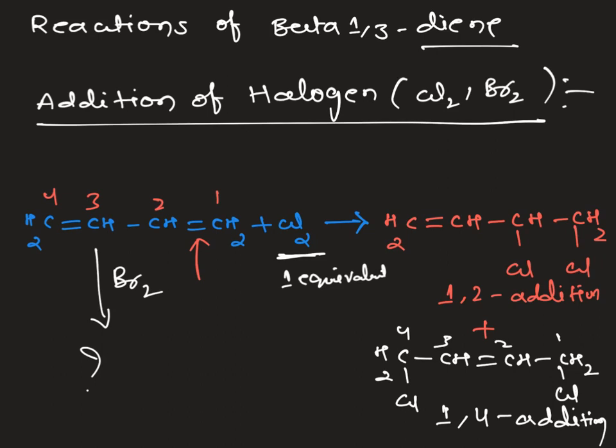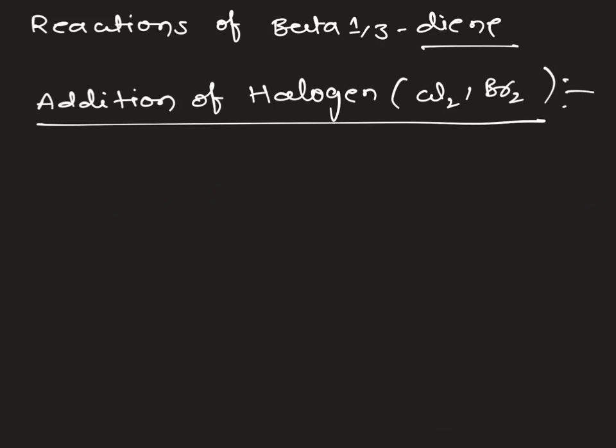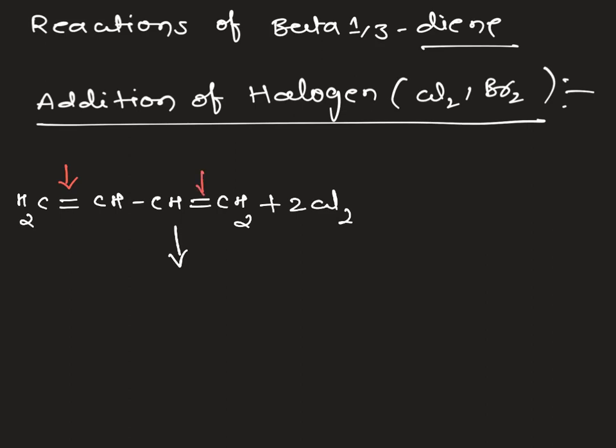If I use excess, what happens to this reaction? Let's take the second case. If I am going with two equivalents of chlorine or bromine, what products can I get? If we use chlorine in excess, we definitely get only one addition product. Chlorine is added to this double bond and this double bond.